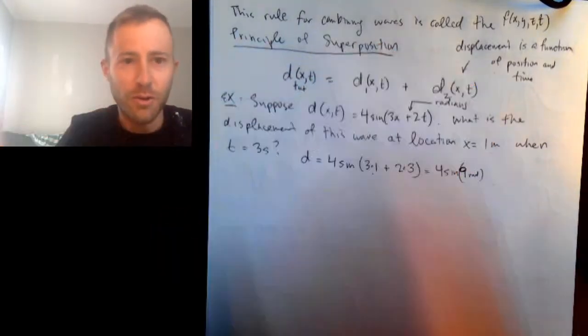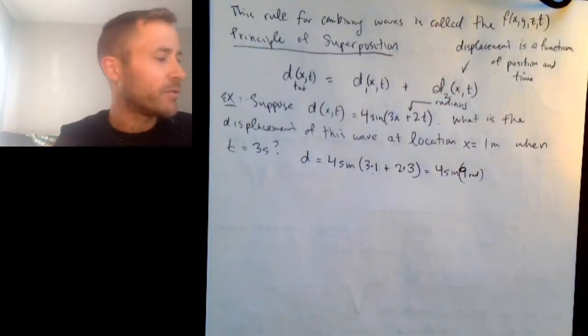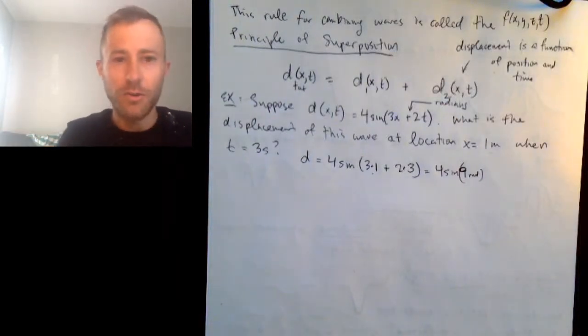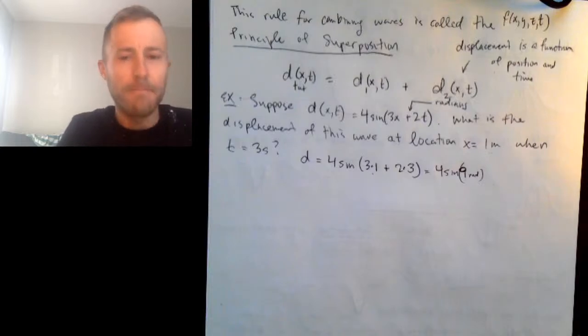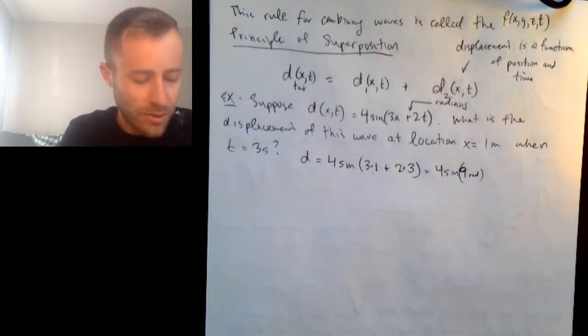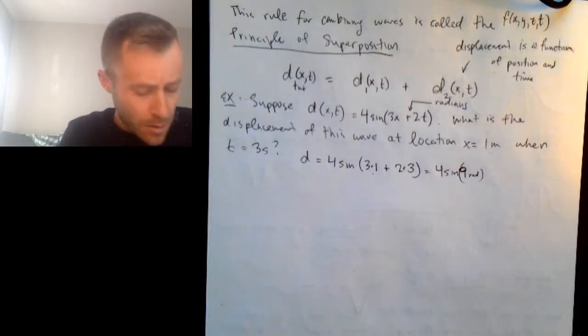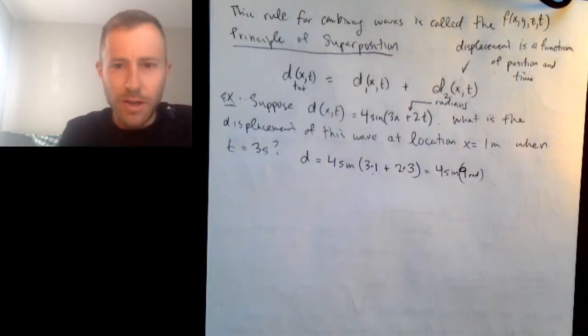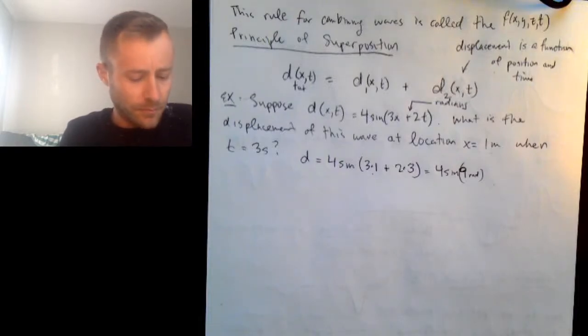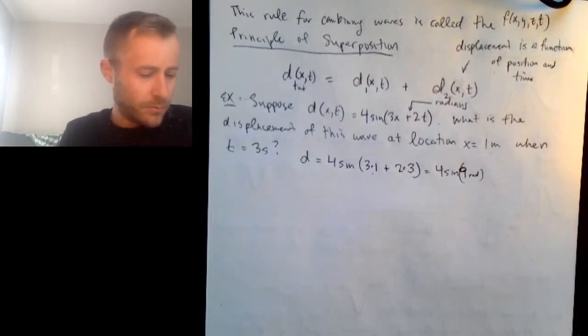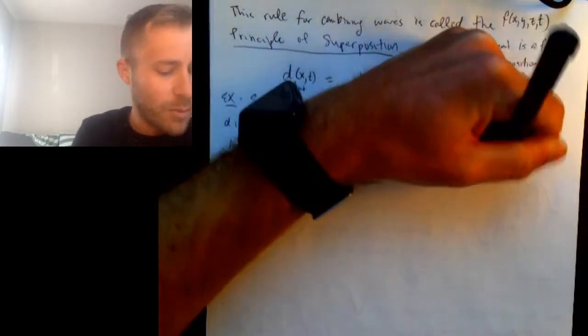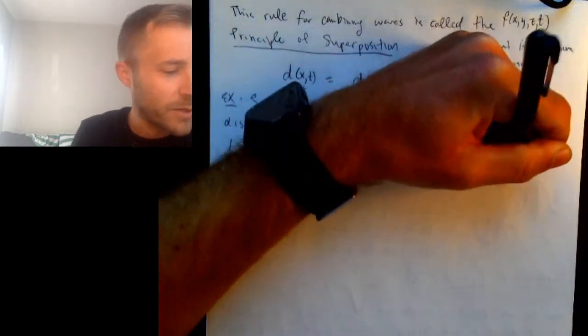That makes it always unambiguous when you're finding the sine or the cosine of something. You might have noticed that I've done that since the beginning of the school year. So the answer is 1.65 meters.